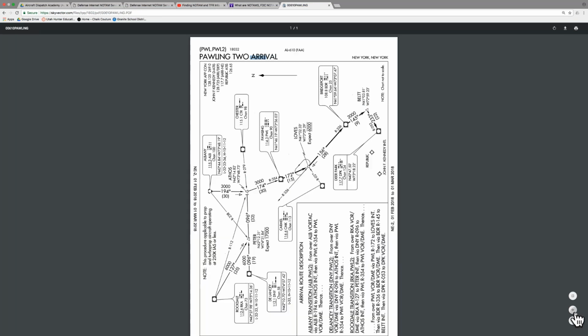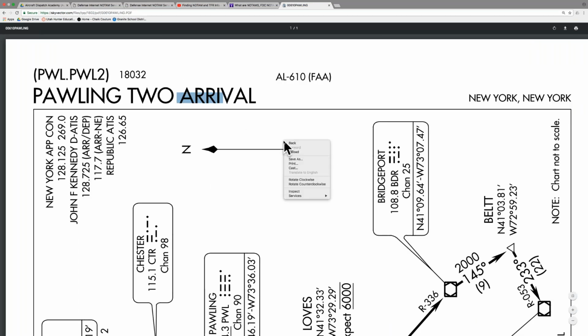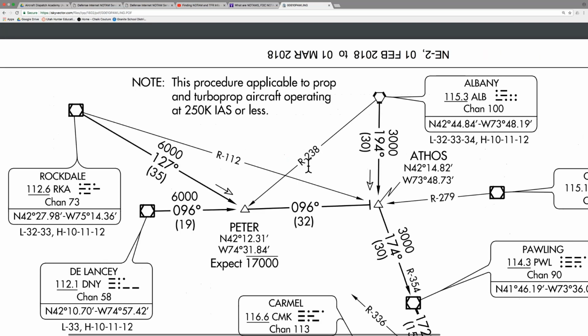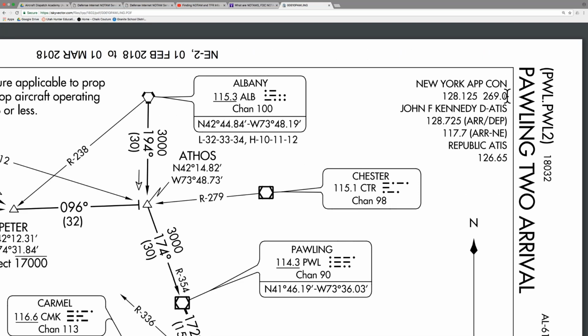Do you see those numbers that I'm pointing to? Mm-hmm. Let me zoom in a little bit more. Wonder if we can rotate this. So these two frequencies have been changed on the chart. Yep, it's just telling them to make that change to the chart. Okay. So the next time they release this chart, if you look here, this chart's good from February 1st, 2018 to March 1st, 2018.